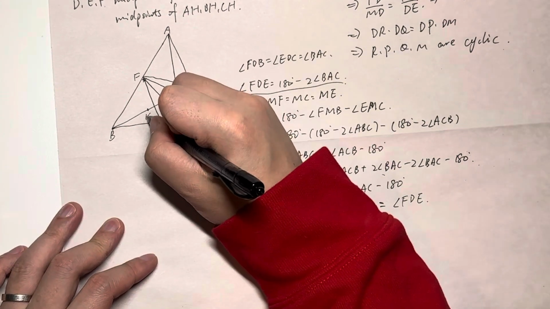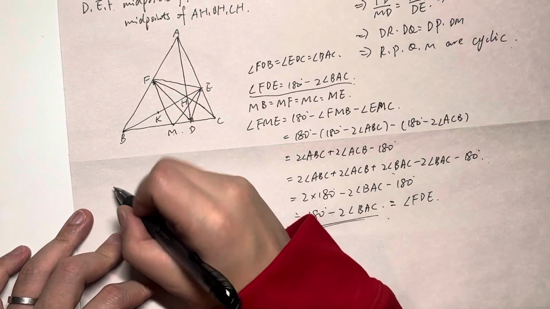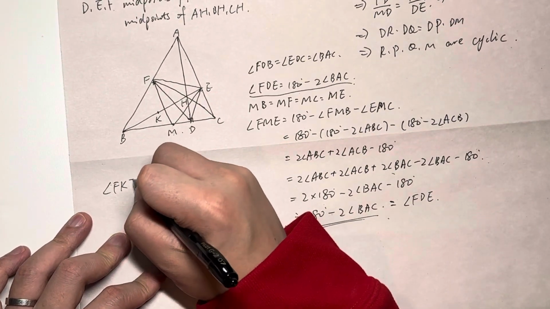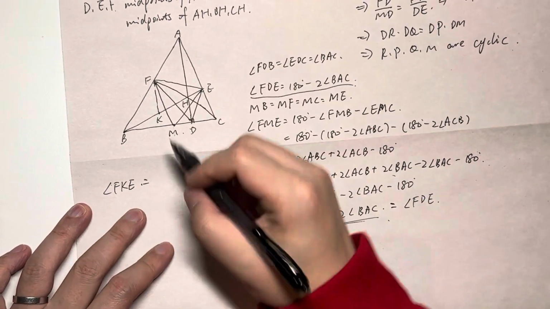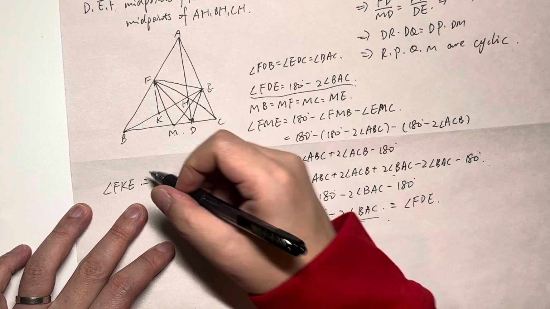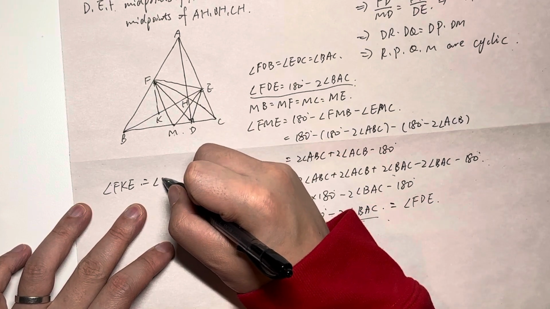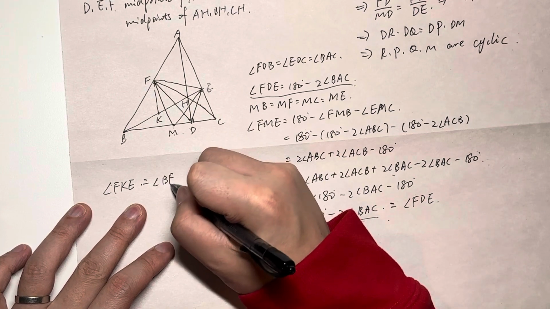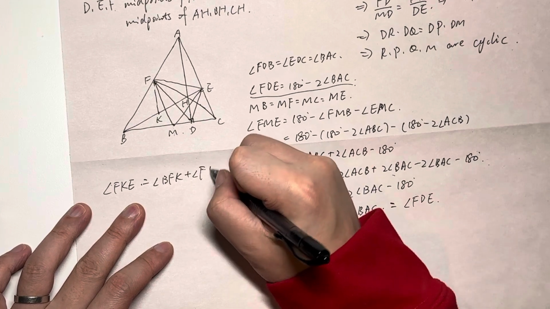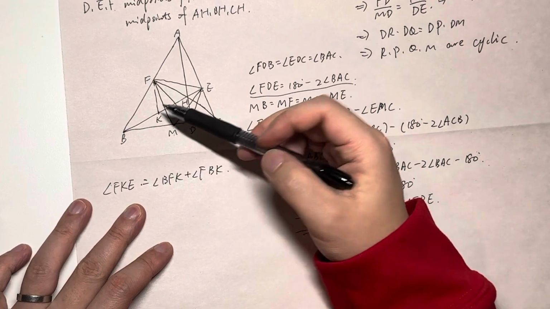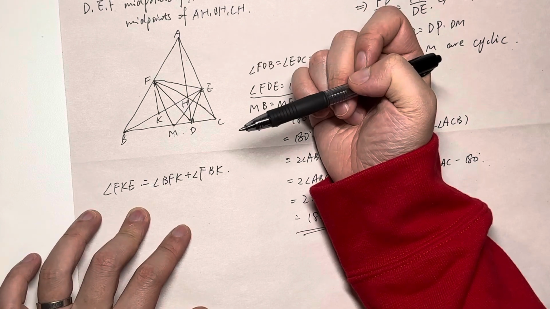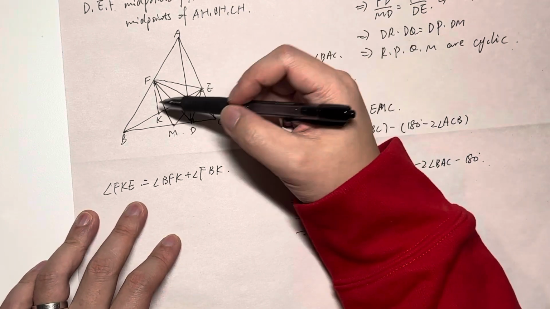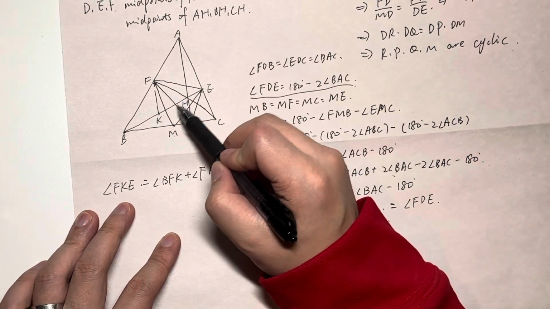And for the midpoint of BH, right here, let's call it K. So the angle FKE, right? Angle FKE equals to angle BFK plus angle FBK, right? And because FKE is angle FKH, right?